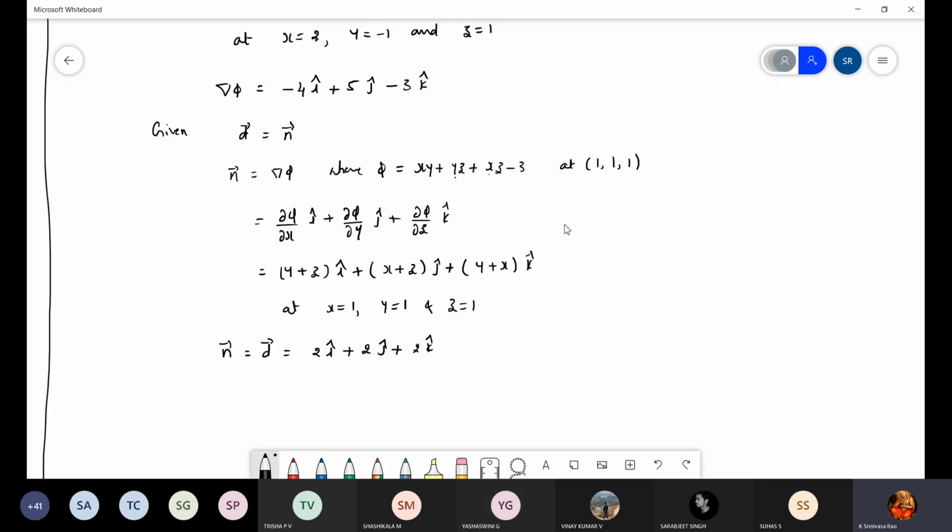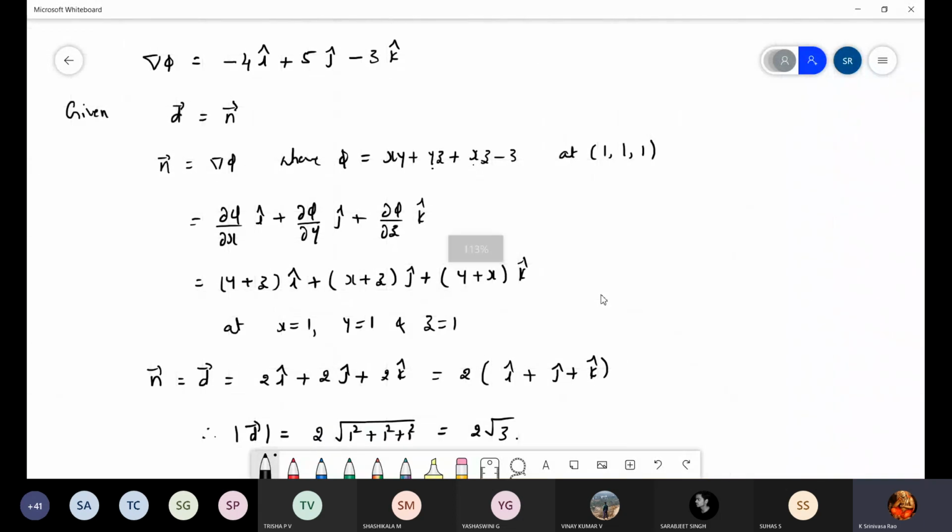So you can take 2 common, because a common number is there: i plus j plus k. Therefore, what is its magnitude? Magnitude of d equals 2 into square root of 1 square plus 1 square plus 1 square. So that gives 2 root 3.